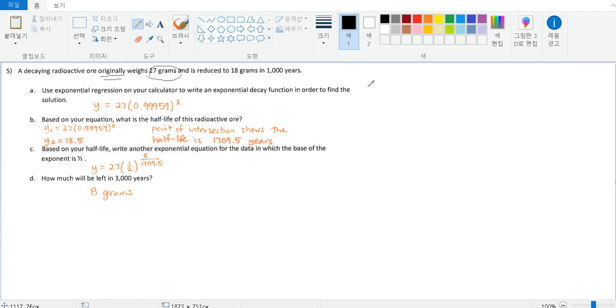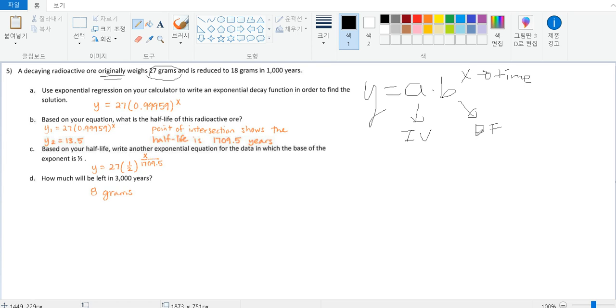So our initial value. You remember the equation, y is equal to a times b to the x power. That is the general form of an exponential function. A is the initial value, and b is our growth factor or decay factor. In this case it's being reduced, so it should be a decay factor. And x stands for time.